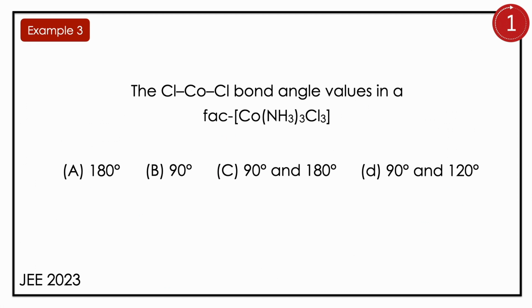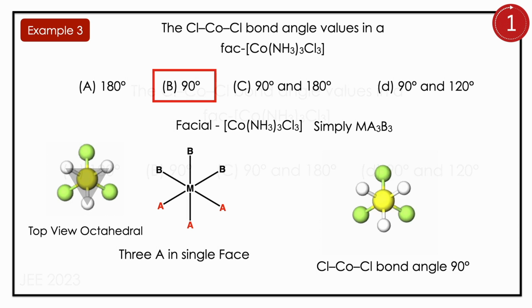Then the next example: Cl-Co-Cl bond angle values in facial [Co(NH3)3Cl3]. The options are A 180, B 90, C 90 and 180, D 90 and 120. The question is about the facial arrangement of cobalt, ammonia and chlorine. The compound in question is simply Ma3b3.